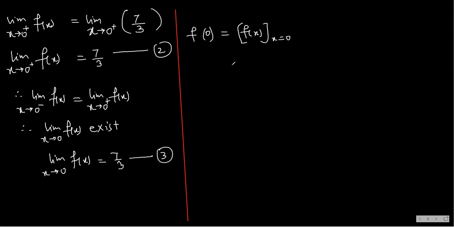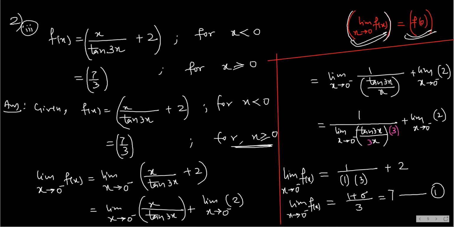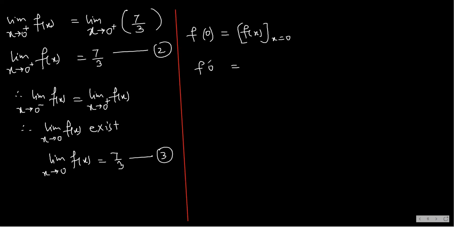What is f of x when x is equal to 0? See here in the definition, everything is given. When x is equal to 0, f of x happens to be 7 by 3 only. So we got, therefore, f of 0 is 7 by 3. This is number 4.